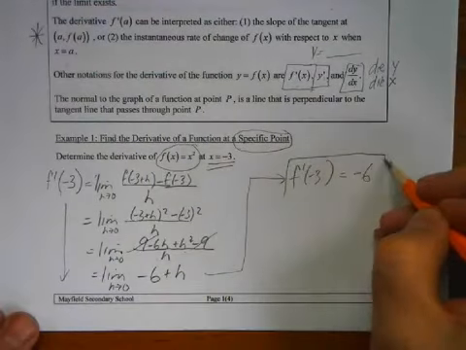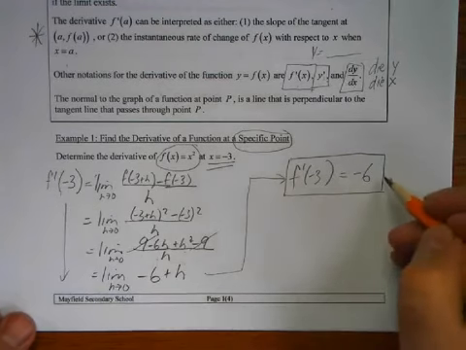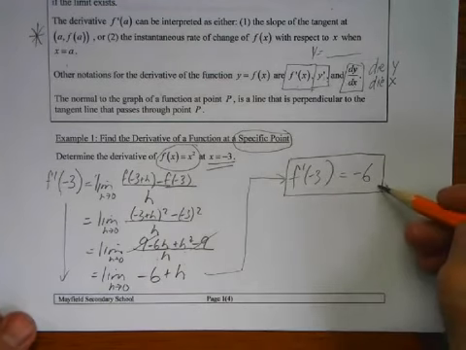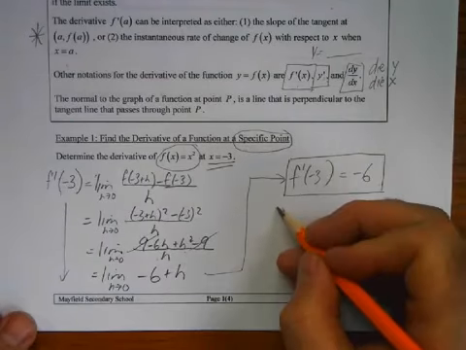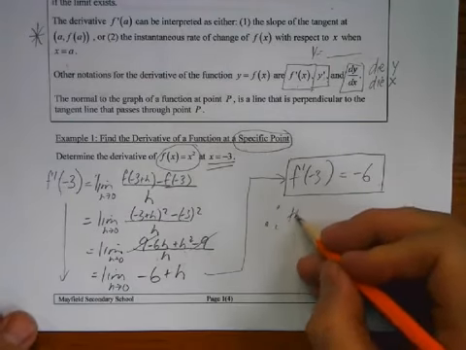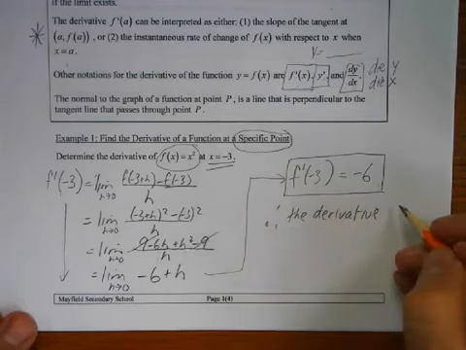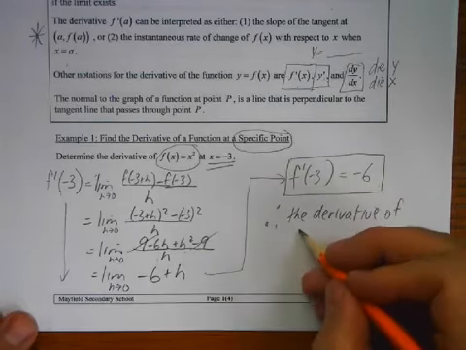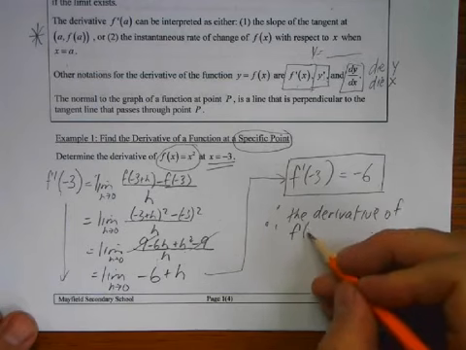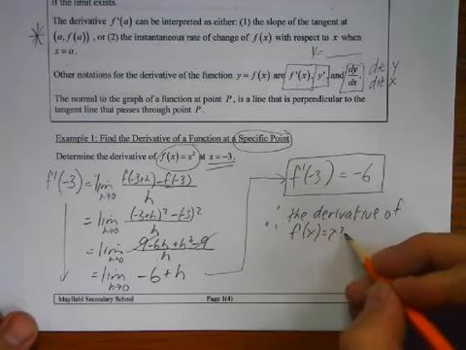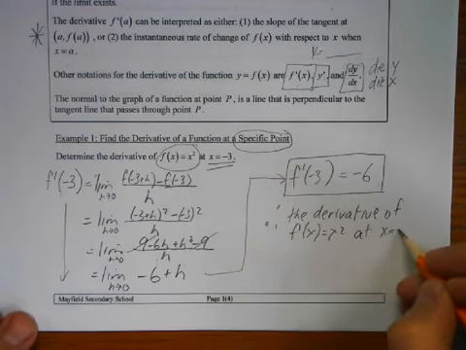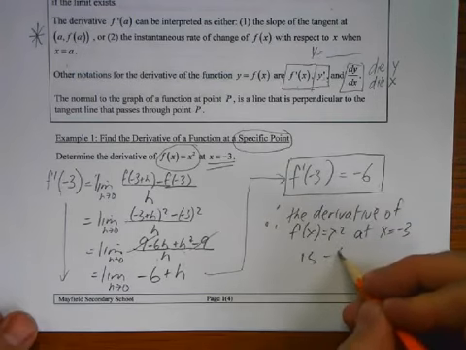The derivative of f of x at x equals -3 is -6. So let's just say that. You won't have to do this all the time, but this is just the learning part. The derivative of f of x equals x squared at x equals -3 is -6.